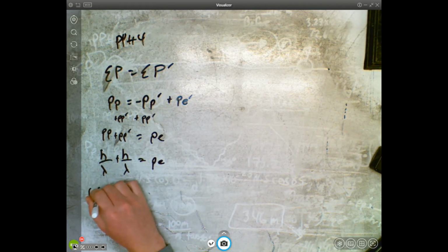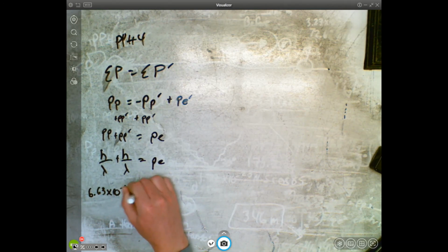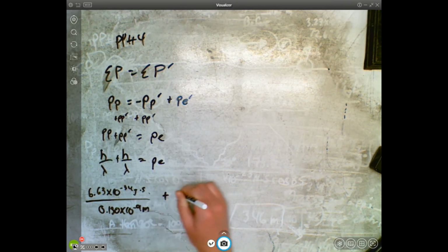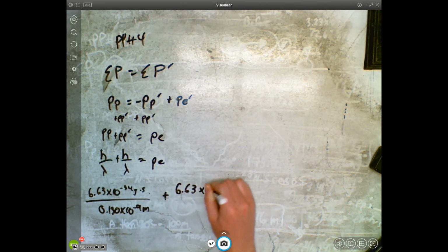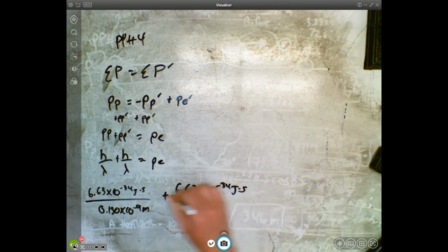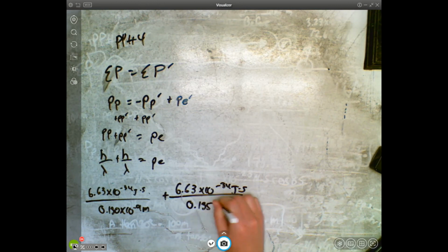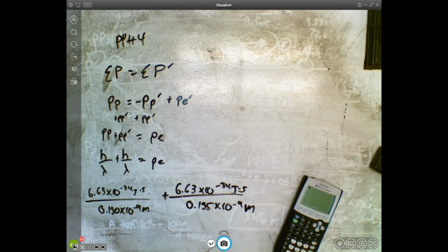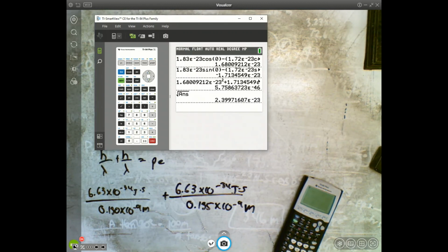So 6.63 times 10 to the negative 34 joule seconds divided by our initial wavelength, which is 0.130 times 10 to the negative 9 meters. And then we add on 6.63 times 10 to the negative 34 joule seconds divided by our 0.135 times 10 to the negative 9 meters. Okay, so I plug that all in, or I can use my on-screen calculator.